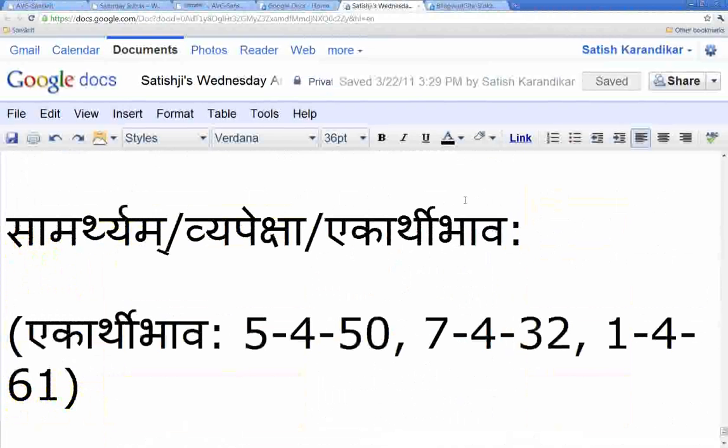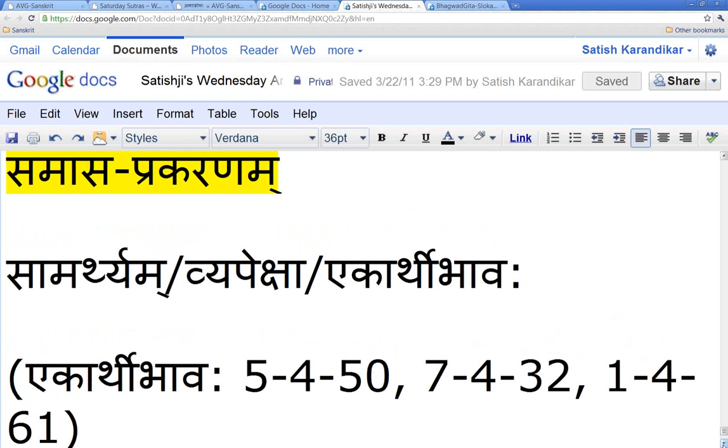Vyapeksha is, in a sentence, the vakya, the interdependence of two or more padas. And ekarthi bhava is when you combine them using a vritti, like in a compound, to give a new meaning for the whole collection. That's what we looked at last time.